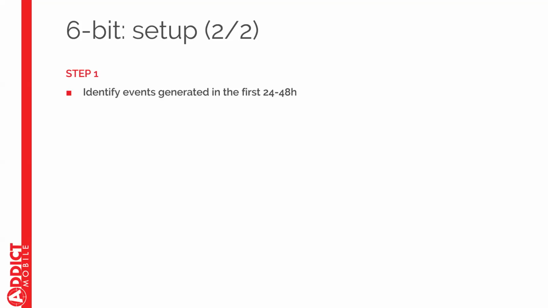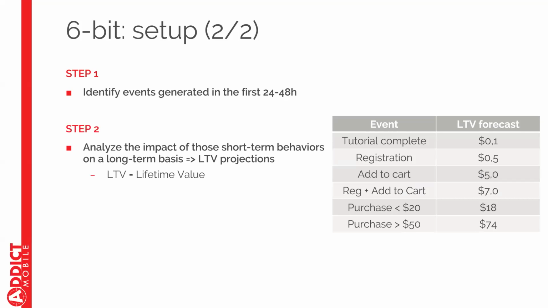So how to do the setup? First of all, as I mentioned, identify events generated in the very first 24 hours, potentially 48 hours. Then analyze the impact of the short-term behaviors on a long-term basis. Let's say, talk about lifetime value projections.